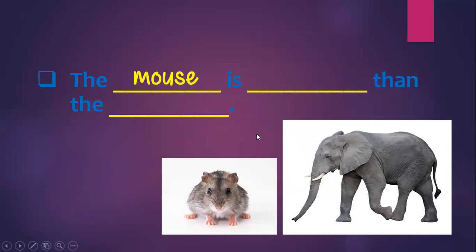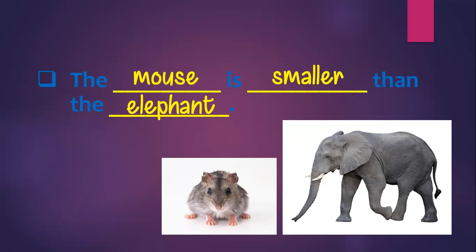The mouse is bigger. Bigger means you're making many mistakes today. Oh, I'm sorry, I must pay attention here. The mouse is smaller than the elephant. Than the elephant. The mouse is smaller than the elephant.